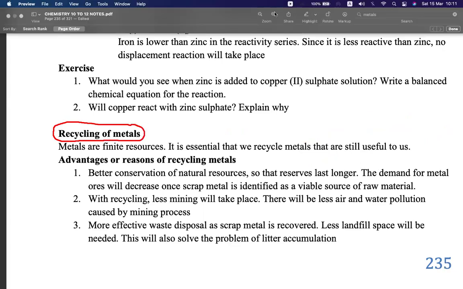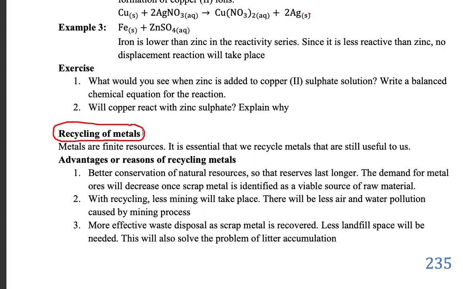Now, these metals that we're talking about are examples of non-renewable assets. Metals are natural or national assets. Some of these national assets are renewable and others are non-renewable. What type of assets do you think metals are? Are they renewable or non-renewable?